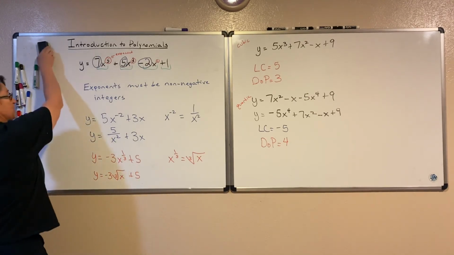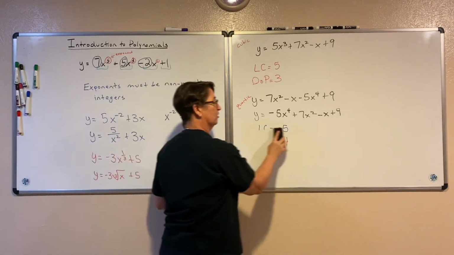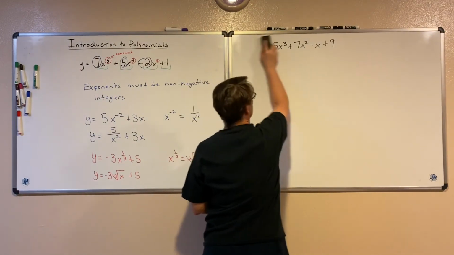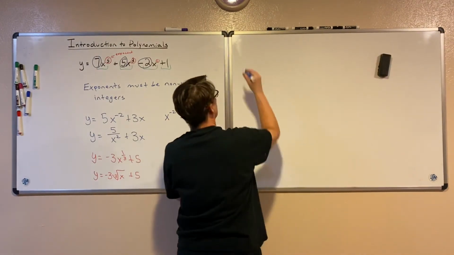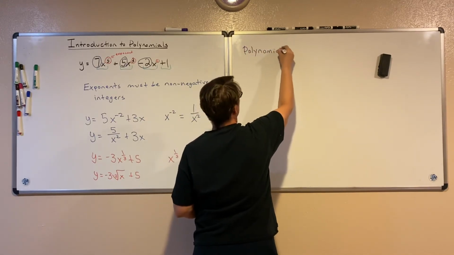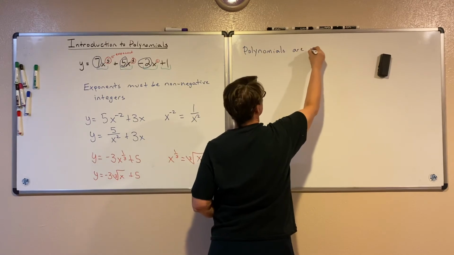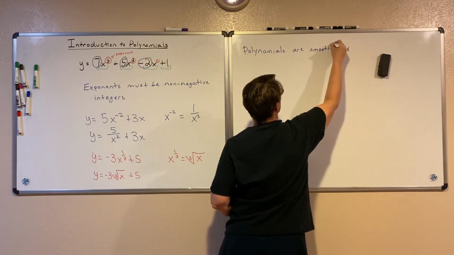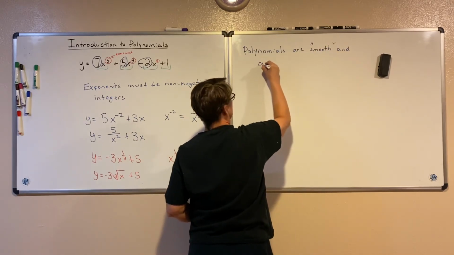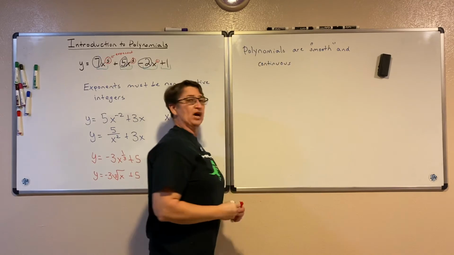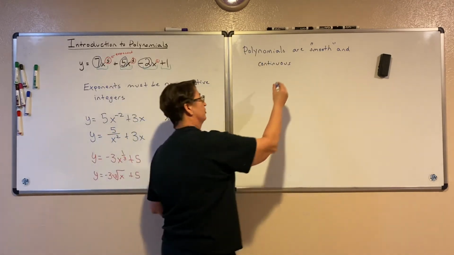Another thing that must be true in order for them to be polynomial is they must be smooth and continuous. So polynomials are smooth and continuous. So they're not going to have any holes in them. There's not going to be any discontinuity.